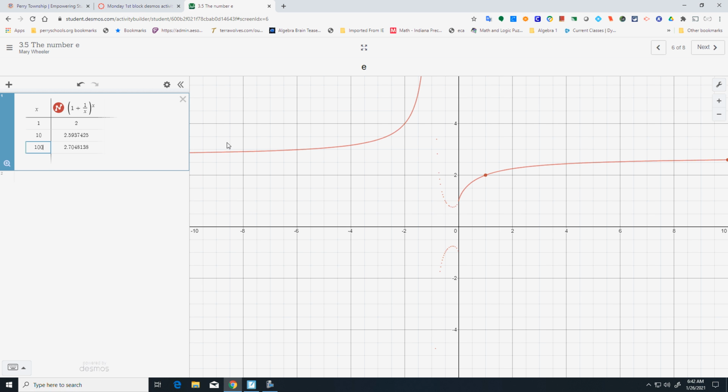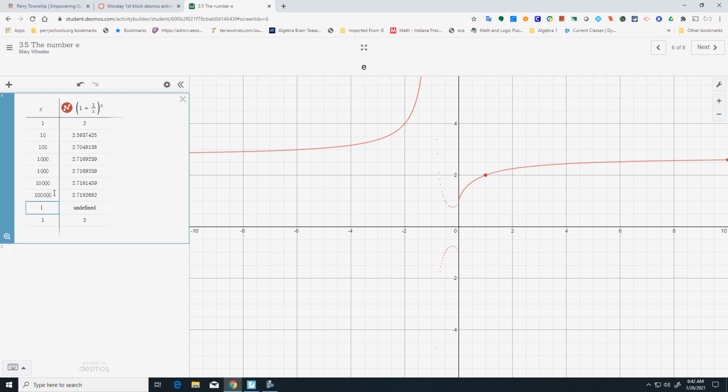If I keep on making that x bigger, you'll notice that it is approaching what we call a limit. It's getting closer to 2.718. It starts kind of far away, starts getting closer, closer, closer.